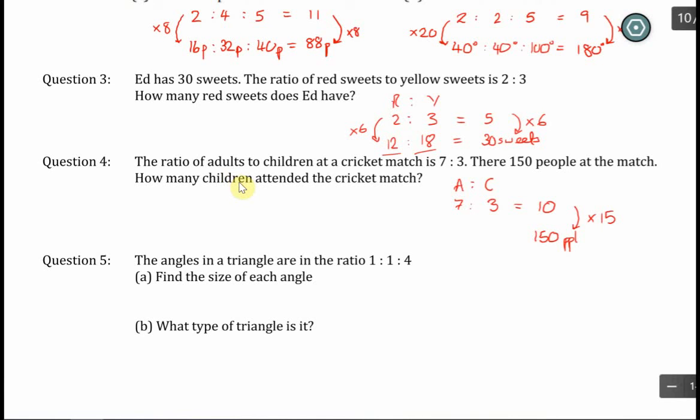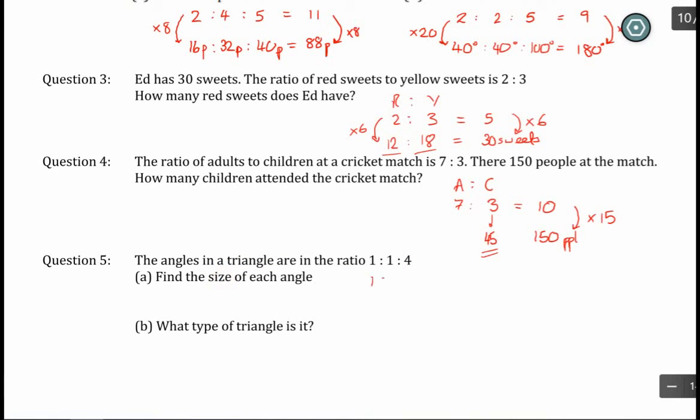So if we times by 15 here, we get 45 children. Okay, can work out the number of adults as well. That would be 105. And question 5, the angles in a triangle are in the ratio 1 to 1 to 4. So it doesn't tell us what they add up to, but hopefully we know that. Angles in a triangle add up to 180.